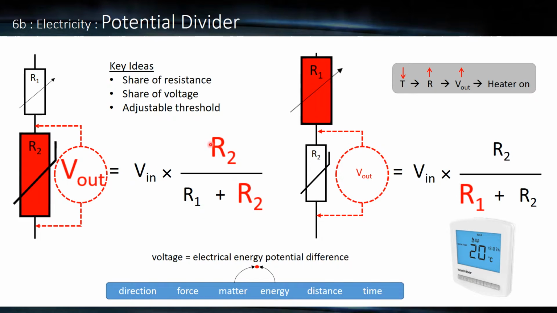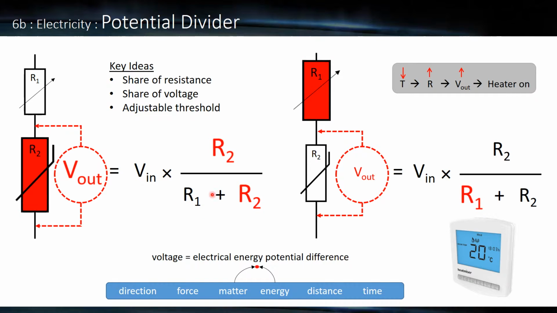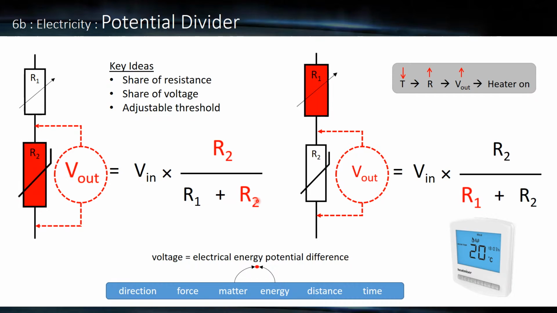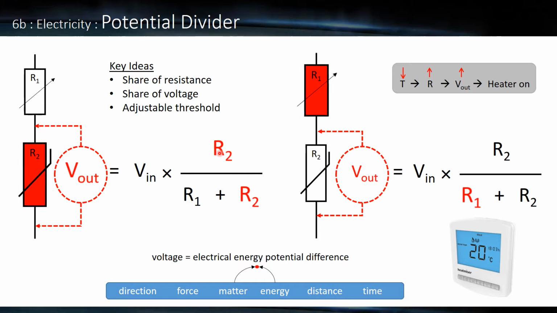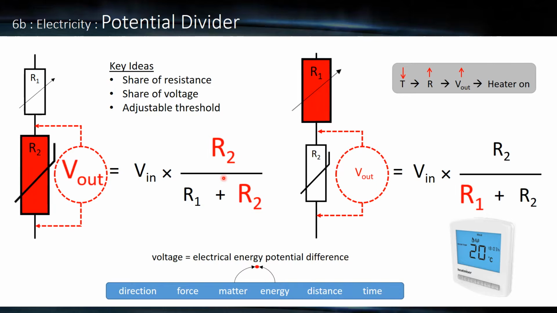So R2 is its resistance, the total resistance is R1 plus R2. So as it increases, the total resistance obviously increases, but its share increases as well. Imagine R1 is 10, and then R2 goes to a very high number like 1,000,000. Then you can see that it's 1,000,000 over 1,000,001, and it has by far the biggest share.